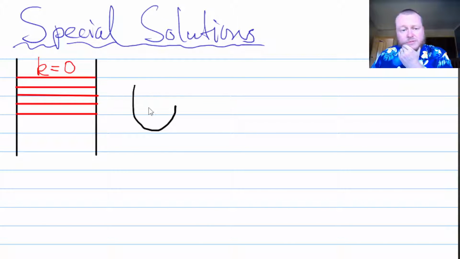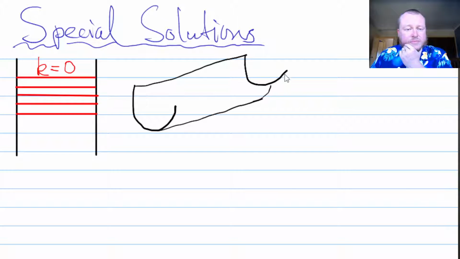some kind of trough. So imagine you have this kind of configuration, like a bowl, but instead of being round on all the sides, it sort of continues off in one direction.